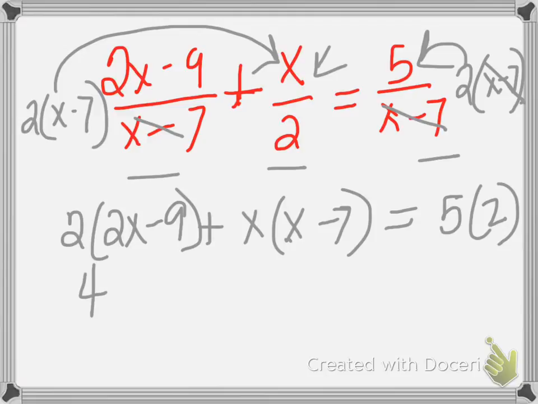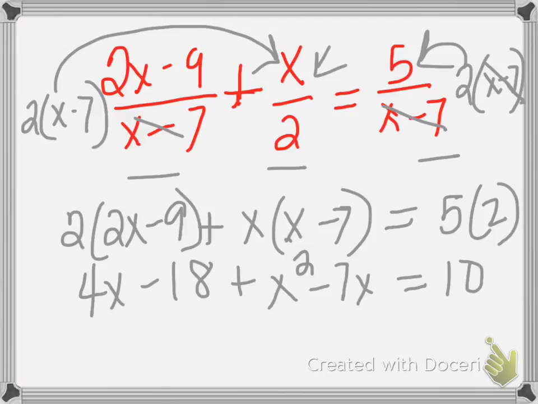Now we need to distribute. We're going to have 4x minus 18 plus x squared minus 7x equals 10. We need to group like terms here. So we have negative 7x and 4x, which together give us negative 3x.